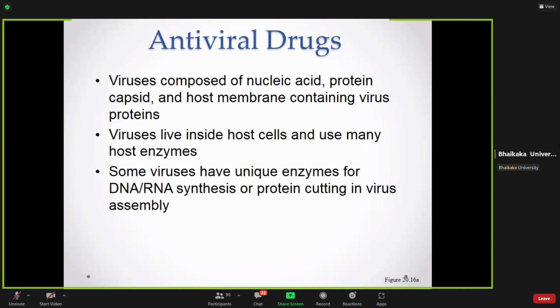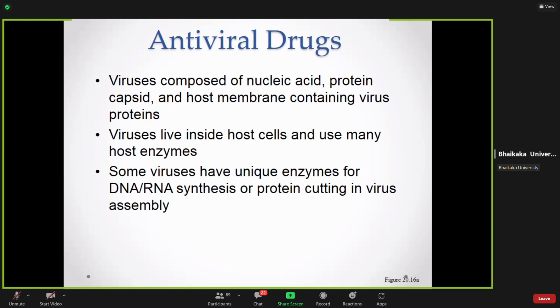Now let me tell you about antivirals. Now here the challenge is a little bit harder. Viruses are composed of nucleic acid, protein capsid, and host membrane containing virus protein. They really do not have their own cell machinery, and they rely primarily on host cell enzymes and host cell machineries.